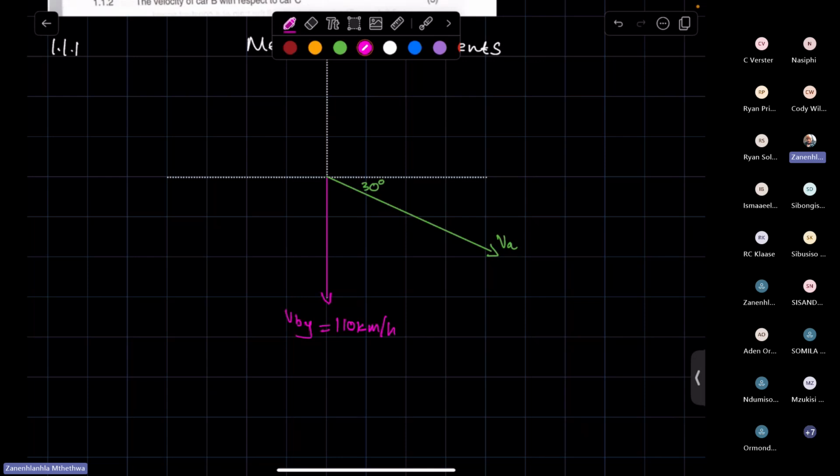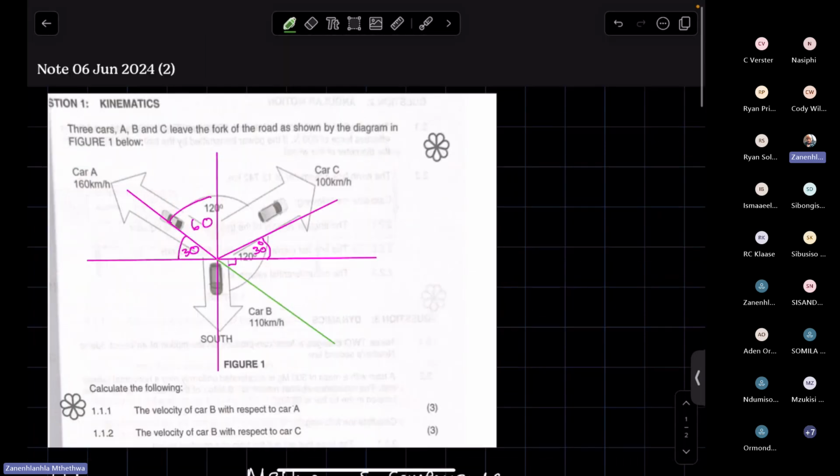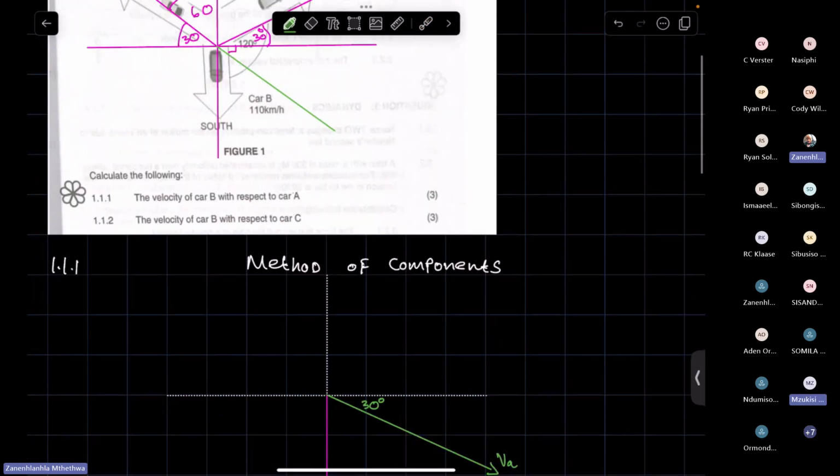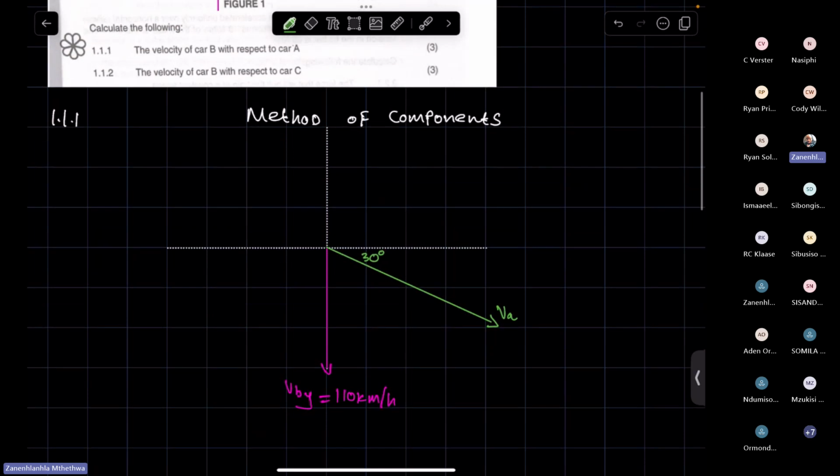And then VA, we are told it is going at 160. Do we see this here? Yes, sir. So VA going at 160, right? This here is 160 kilometers per hour, right?